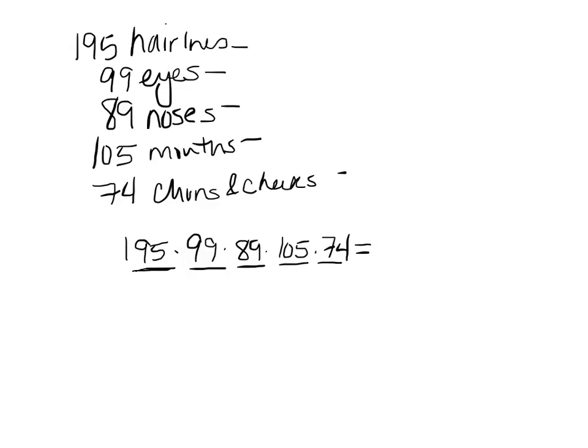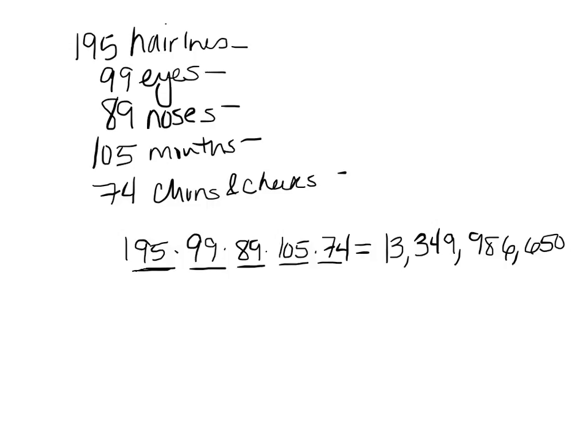If I multiply all of those together, I get 13,349,986,650. They claim to have produced billions of different faces. Is that true? It absolutely is true. You have over 13 billion different faces.